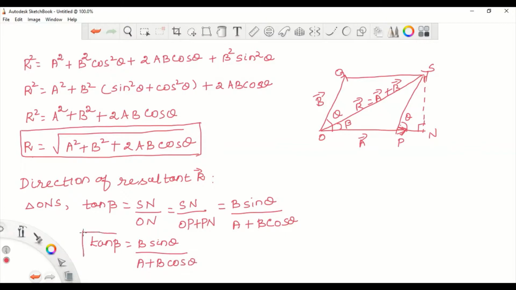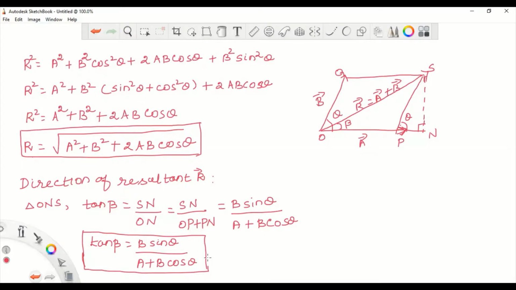This expression is used to find the direction of the resultant. So by using parallelogram law of vector addition, we can find both magnitude as well as direction of the two vectors. Now we have three special cases, children.